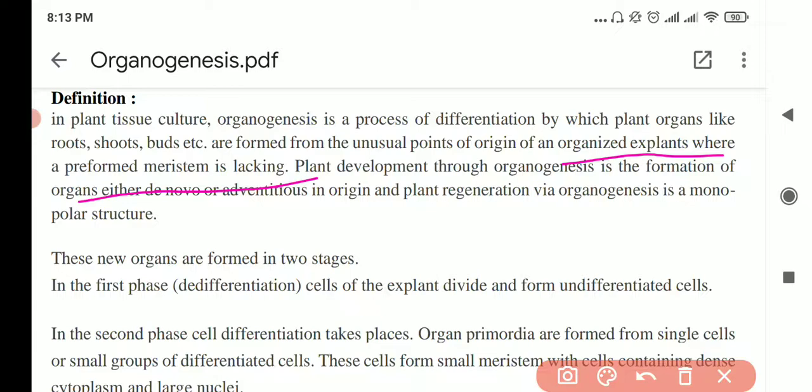Usually, even outside the lab, okay? Organogenesis we are doing in the lab condition. But usually, in nature, totipotency happens, okay? For example, this is a sunflower plant, no?